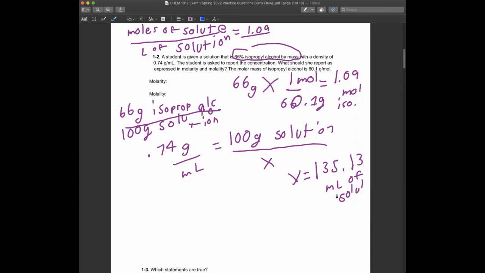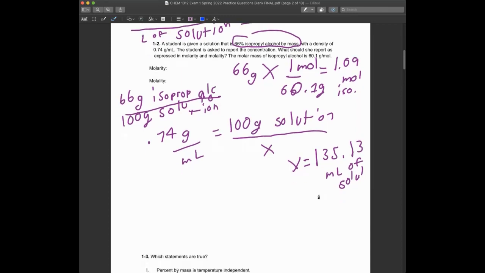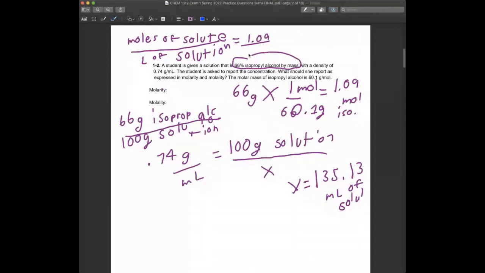So now that we know the milliliters of solution, we can go ahead and convert that. We take 135.13, divide that by 1,000, and that gives you 0.135 liters, and your molarity would be 1.09 divided by 0.135, and that would be 8.07. Is everyone good so far? Does anyone have any questions?